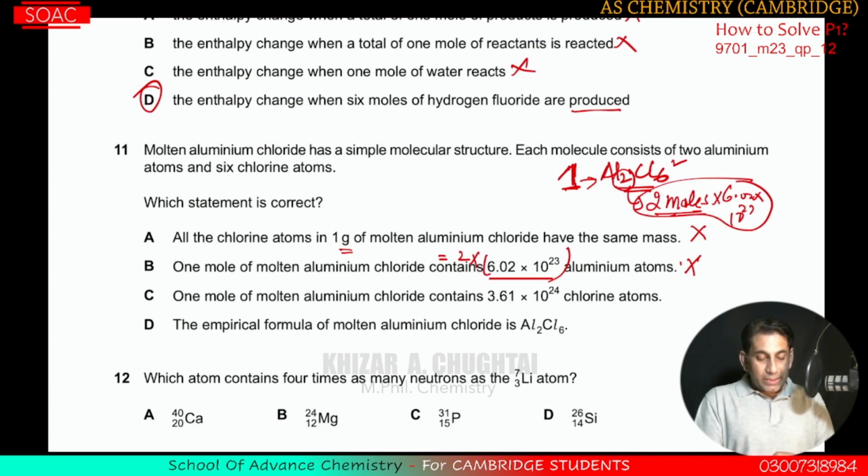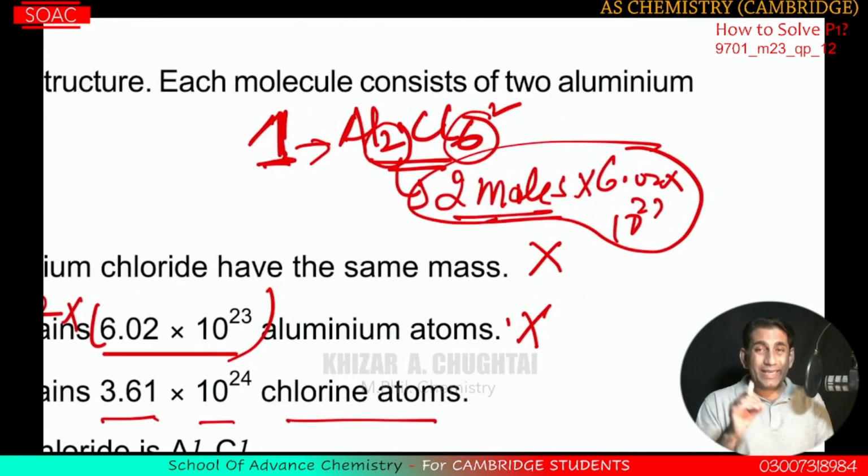Right? See, 1 mole of molten aluminium chloride contains 3.61 times 10 to the power 24 chlorine atoms. 1 mole of Al2Cl6 has 6 moles of chlorine atoms.